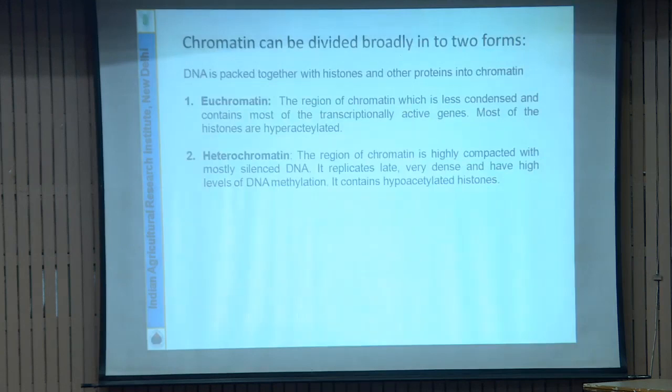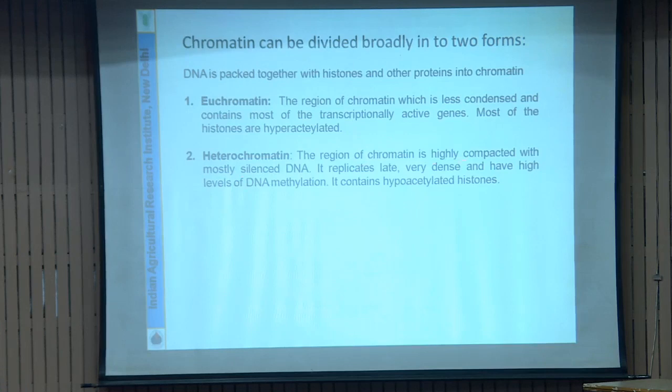Then I talk about the second type of modification, which is histone modification. The second type of epigenetic change happens in the chromatin, and we know well that chromatin is of two types, euchromatin and heterochromatin. Euchromatin is generally the active form of the chromatin, which mostly contains transcriptionally active genes, and most of the histone proteins here are hyperacetylated, that is, more acetylated, because acetylation leads to activation of genes.